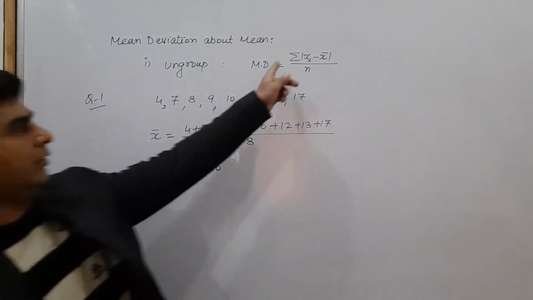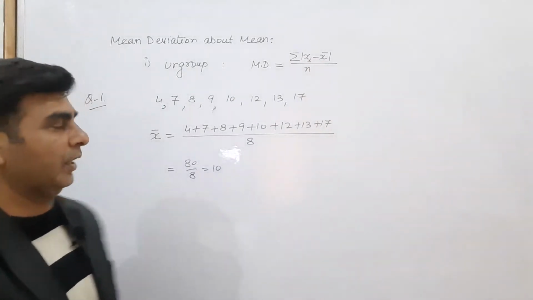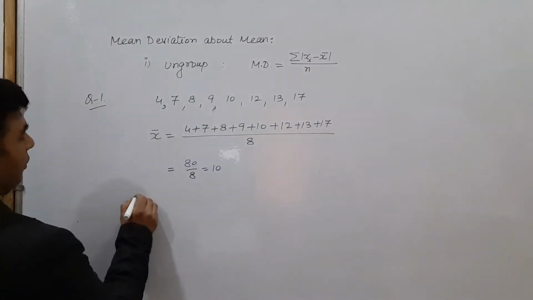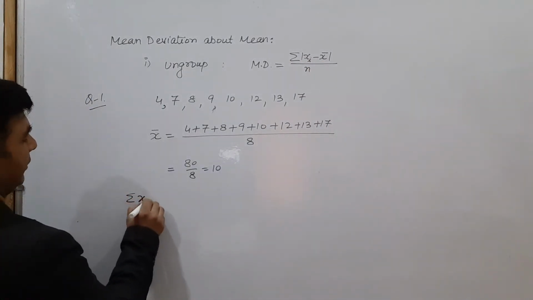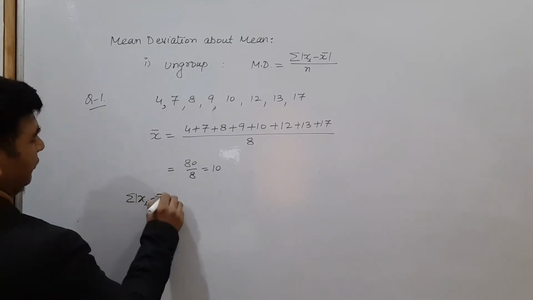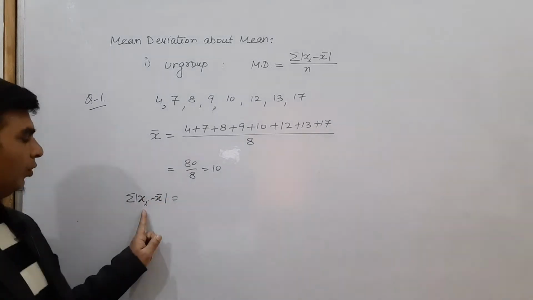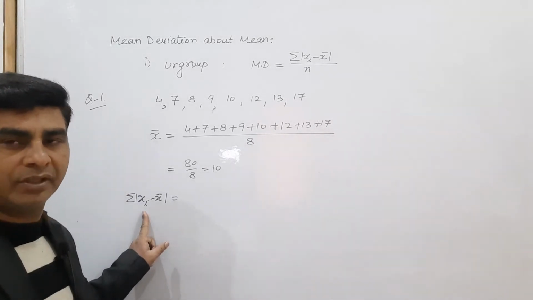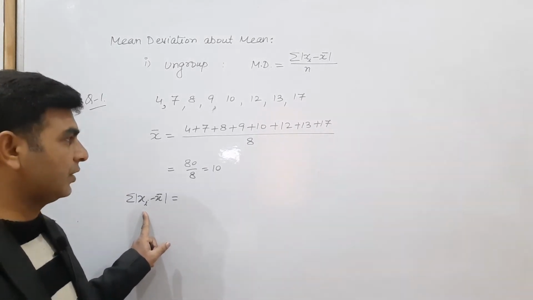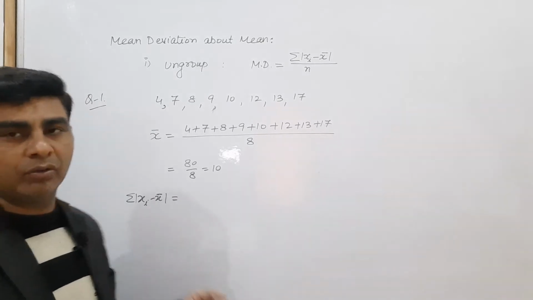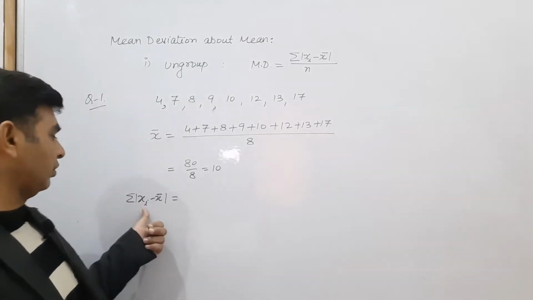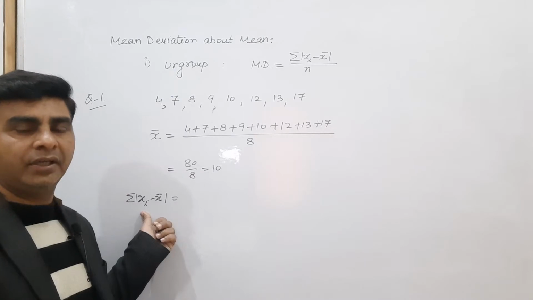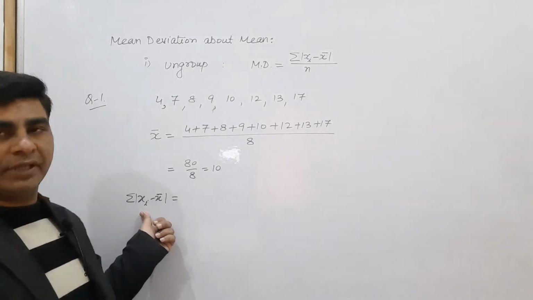Now we need to find |xi minus x bar| with modulus. Summation of |xi minus x bar|, where xi stands for all the observations we have, meaning x1, x2, x3, x4, x5, x6, x7 and x8. We have a total of 8 observations, so to denote all of them one by one we always use xi.